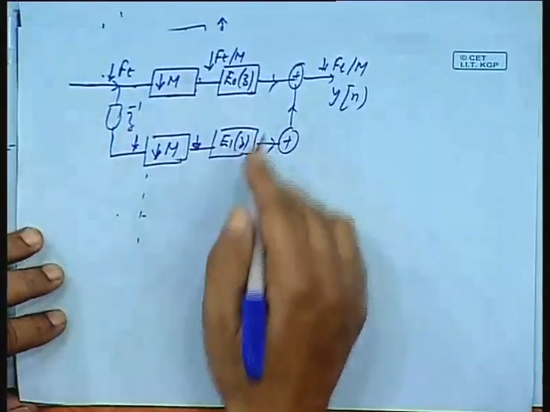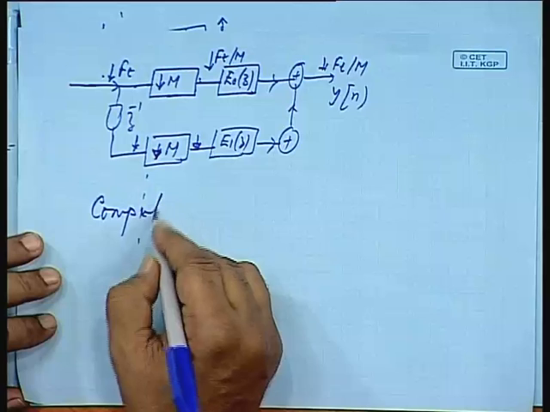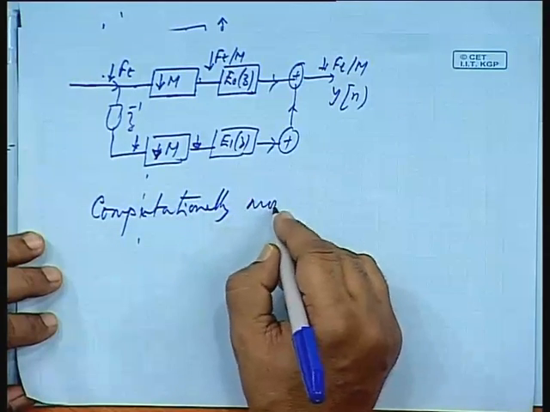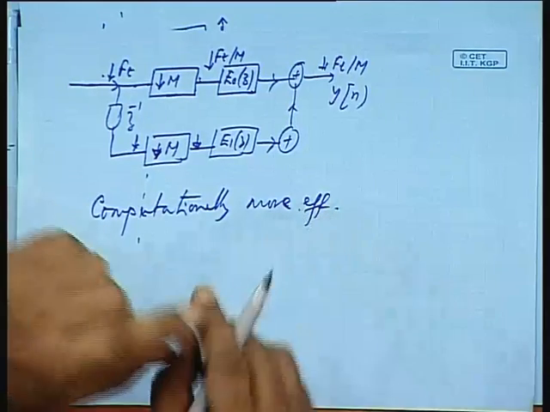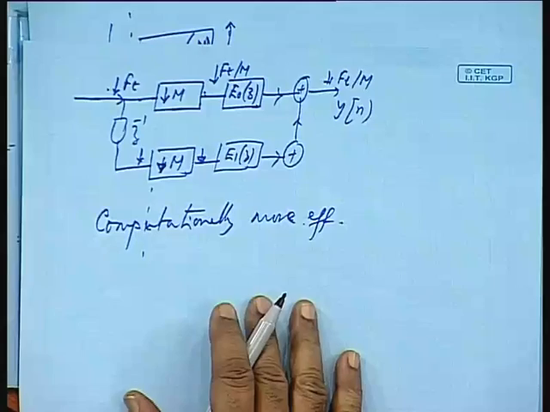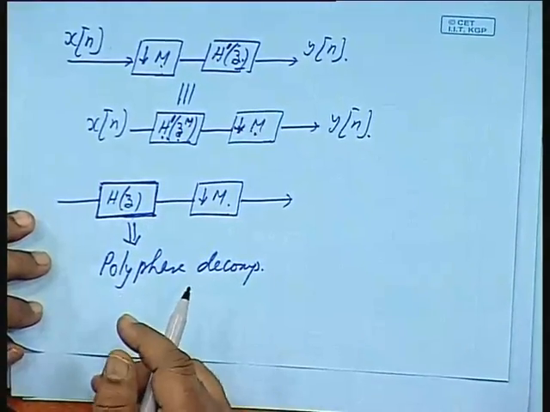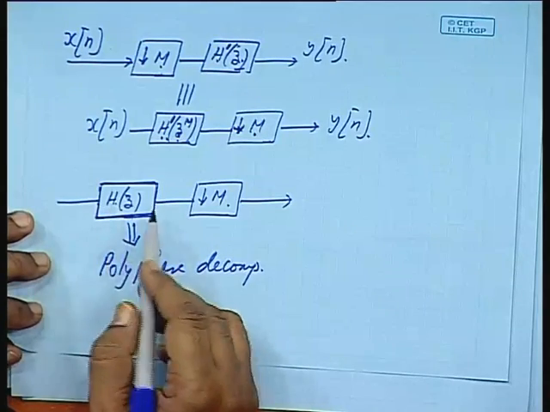This is computationally more efficient. Why? Can you justify? See, if you have a single Hz, suppose there are 10 coefficients, or say 9 coefficients, and there will be 9 multiplications and then 8 additions, all right.